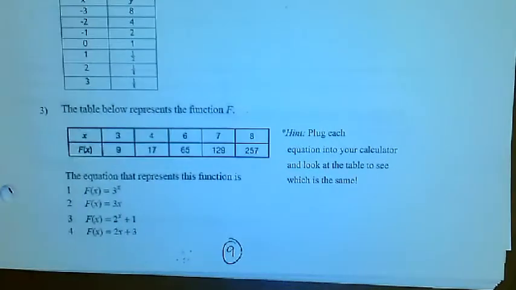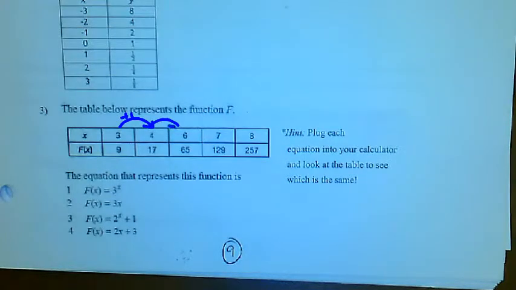All right, number 3. Okay, so my recommendation for this one would be to plug these into your calculator and see which one matches. Now, the first thing I noticed, okay, so we are looking for an exponential function, because as this goes up, this is plus 1, plus 2, plus 1, plus 1.